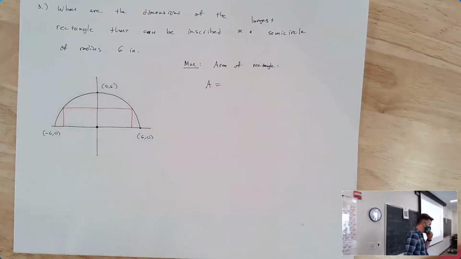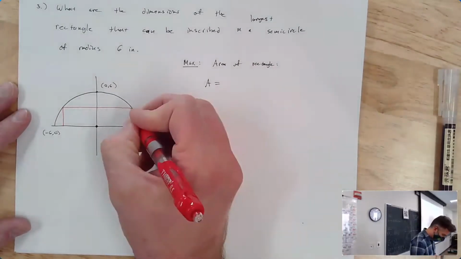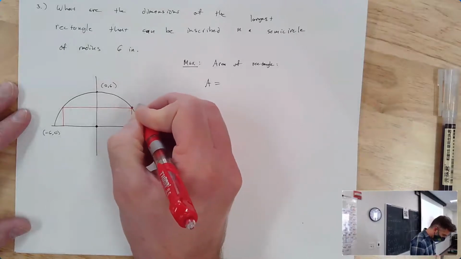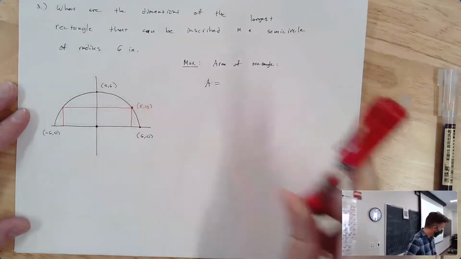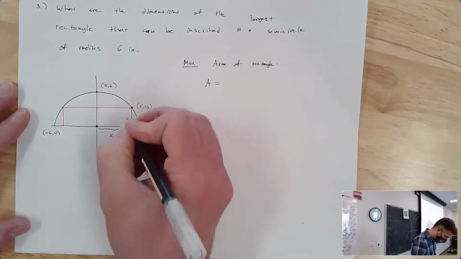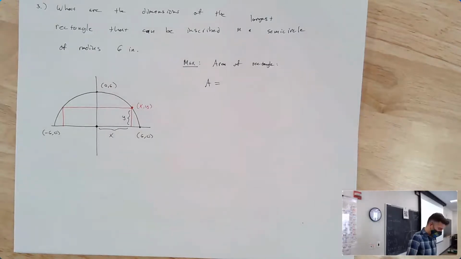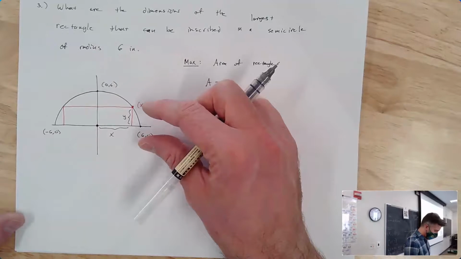But what we usually do in this situation is we say, well, this point here is the point x comma y, where I've gone over x and up y. What's the area of my rectangle? Well, the height is y and the base is what?